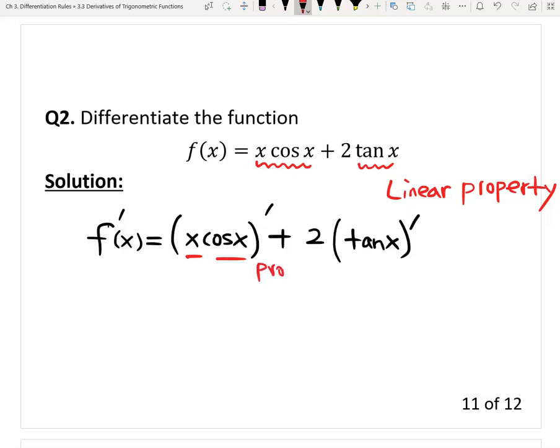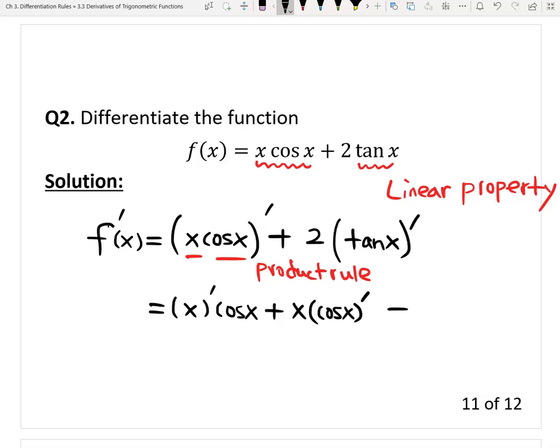This is the product rule. If I use the product rule, what do I get? The first term's derivative times the second term, plus the first term times the second term's derivative. And then 2 times what? Do you remember the formula for the derivative of tangent? It is secant squared, right? Let me show you here.